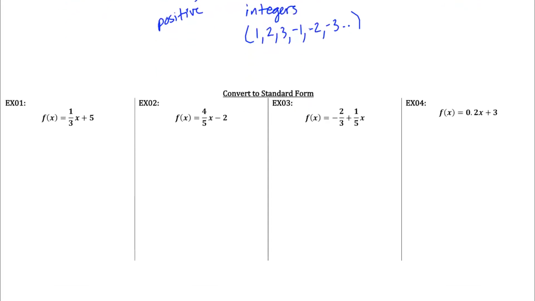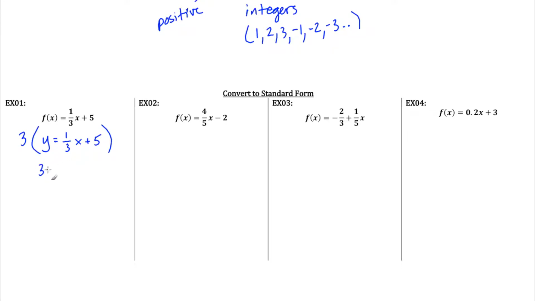First thing I'm going to do is change this to y equals 1/3 x plus 5. I'm going to do that first. Now I'm going to get rid of this fraction because there are no fractions in standard form, right? So I'm going to multiply both sides, but I like to do it like this, the entire equation by 3.